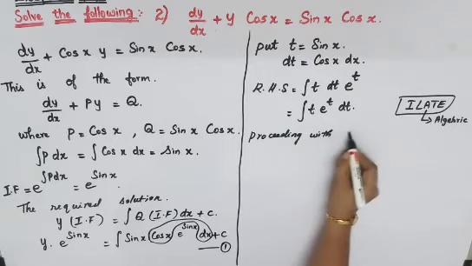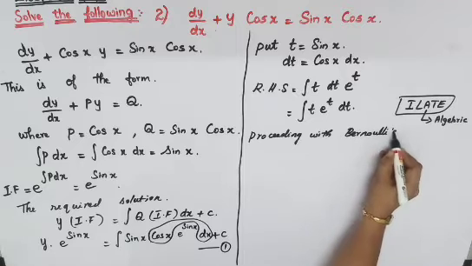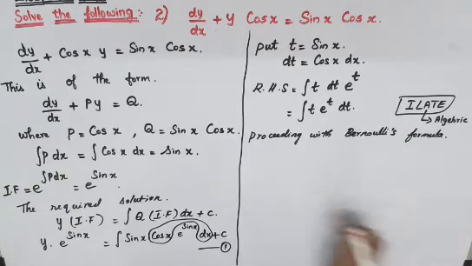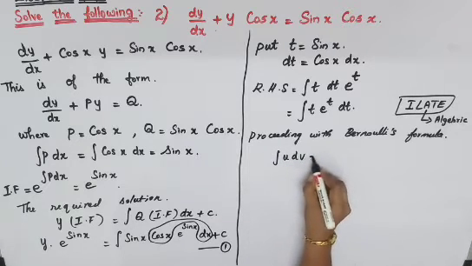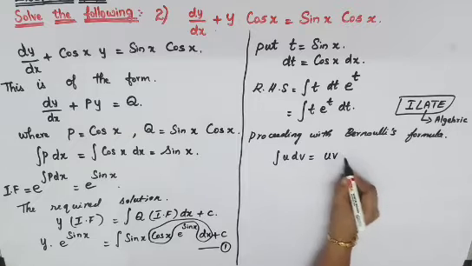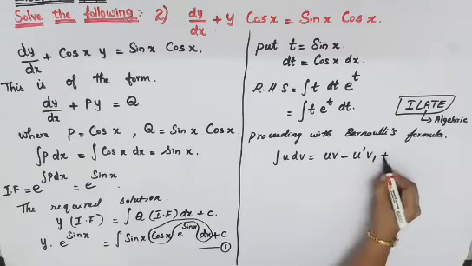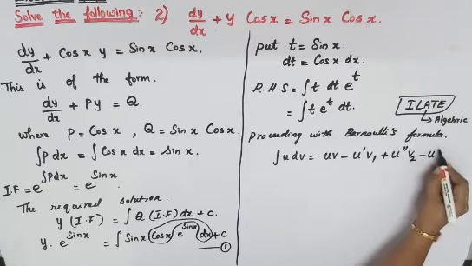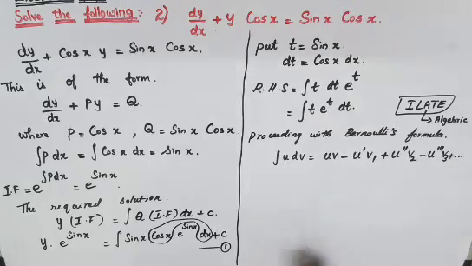By formula, integral of u dv is equal to uv minus u dash v1 plus u double dash v2 minus u triple dash v3 plus etc.